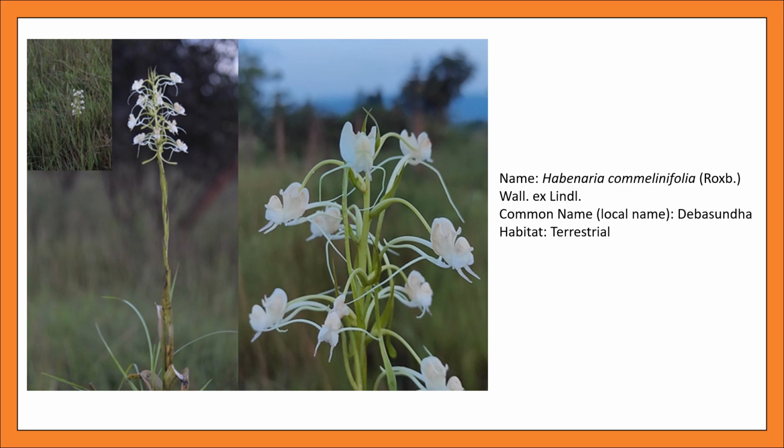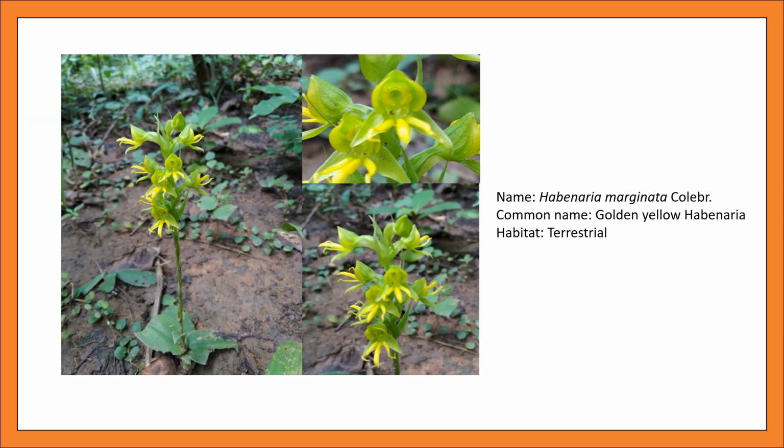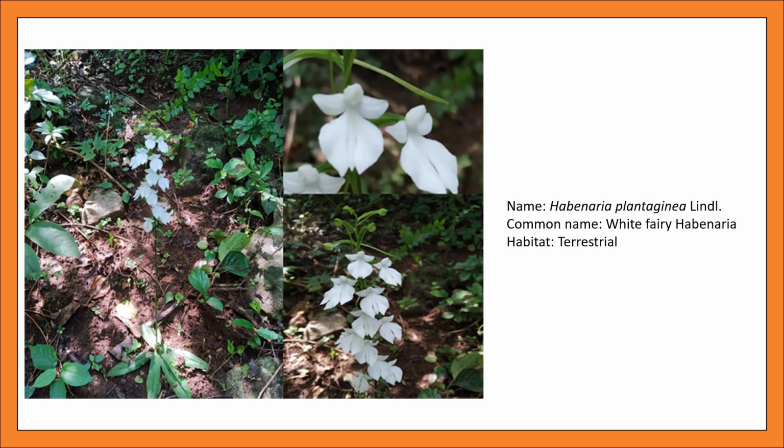It is one of the terrestrial Habenaria. Another from the Habenaria genus, Habenaria marginata, golden yellow Habenaria. This is the Habenaria plantaginea, white fairy Habenaria. It looks very beautiful. A very good population we have observed in Bonai Forest Division.